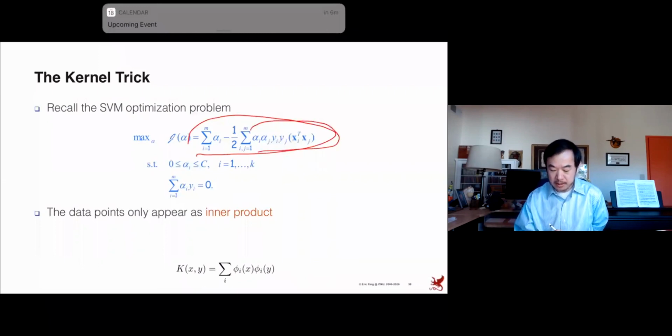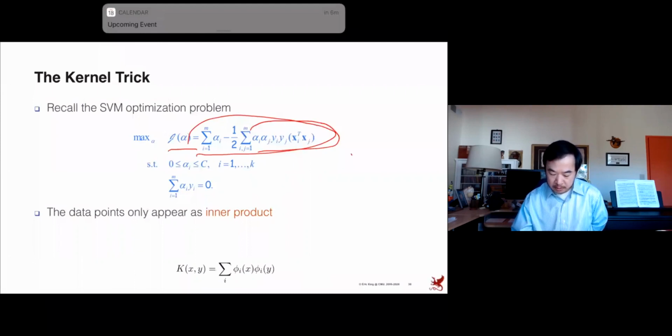It turns out that the original training data points will only contribute to the loss function in the form of a dot product. They never exist alone as a data vector. They only exist as a dot product between two vectors.